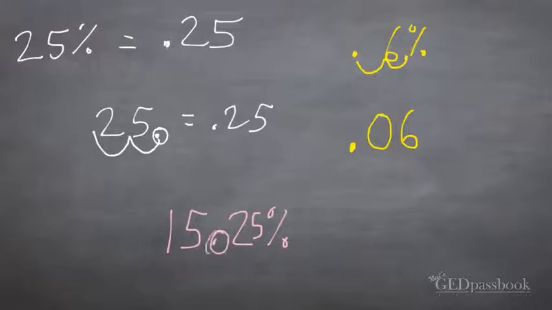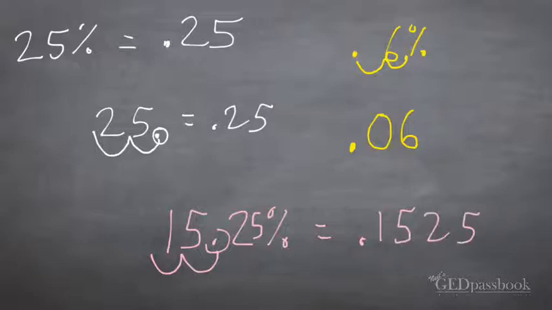It's right there, right? So you start there and you move it to the left 2 places. So from here you go 1, 2, and yes, it is 0.1525.